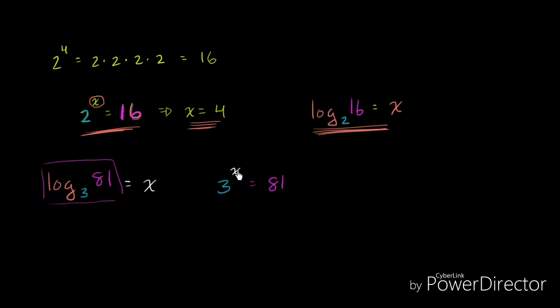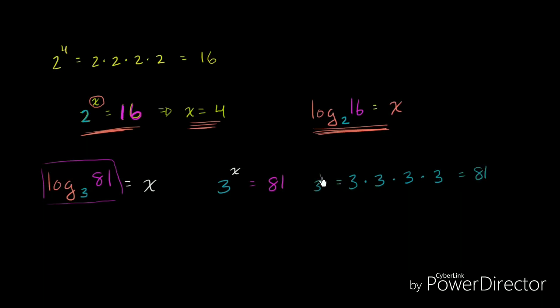So what power do we need to get the value of 81? Let us solve. 3 times 3, that is 9, times 3, that is 27, and times 3, that is 81. Okay, so that means 3 raised to 4 is equal to 81.